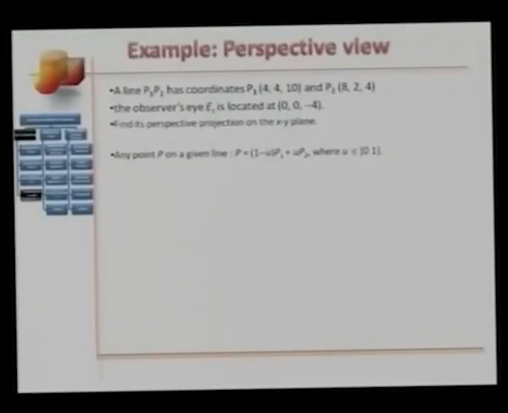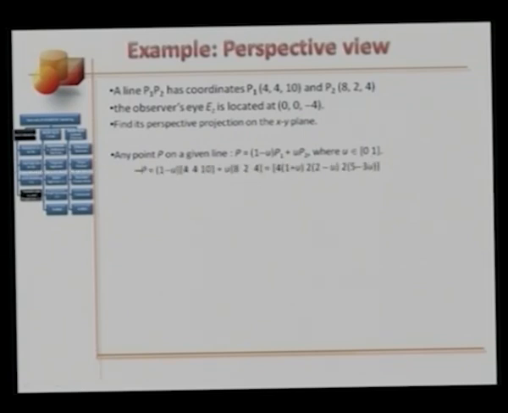As I explained right now on the board, any point P on a line defined by position vectors P1 and P2 can be expressed as a linear combination of two scalars. In a sense, P equals 1 minus u times P1 plus u times P2. For P to lie in between points P1 and P2, the value of the parameter should be in between 0 and 1, including both 0 and 1.